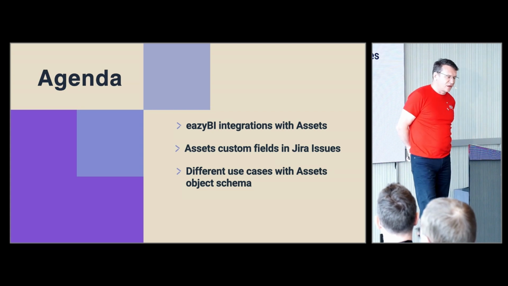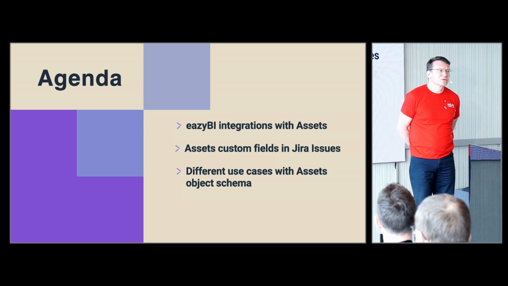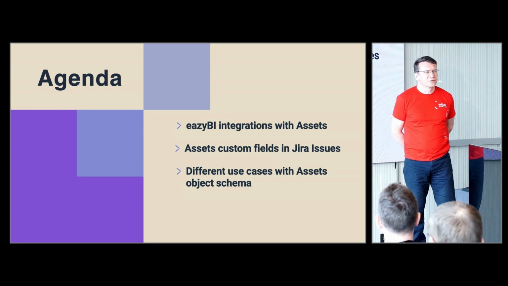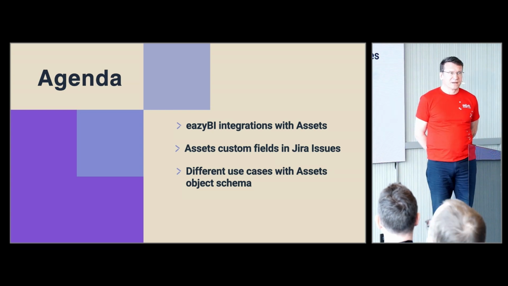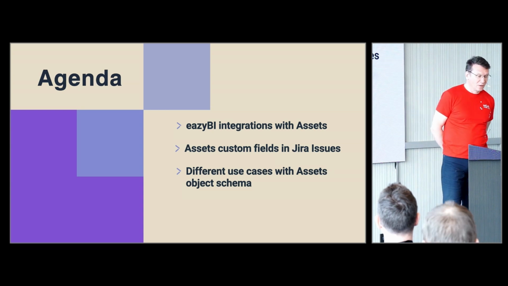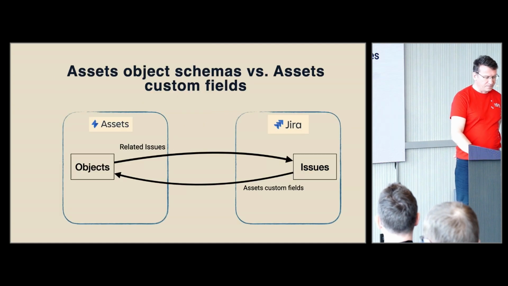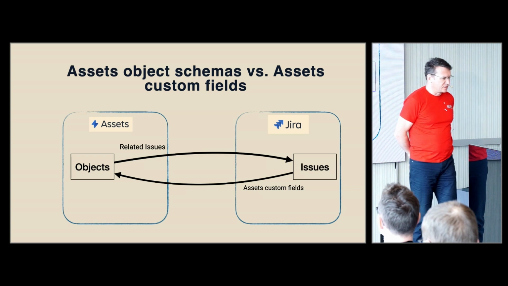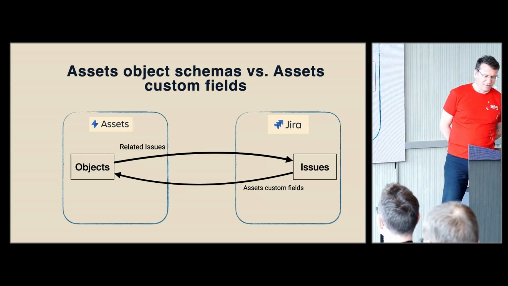The goal of the presentation is to show as many cases as possible, but also to give some way of thinking about how to create those reports, because the data model is quite different from what you do in Jira issues. Assets is quite a different area from Jira.